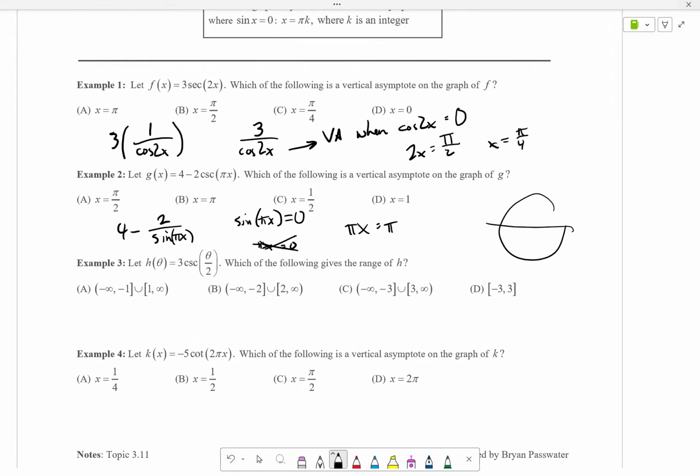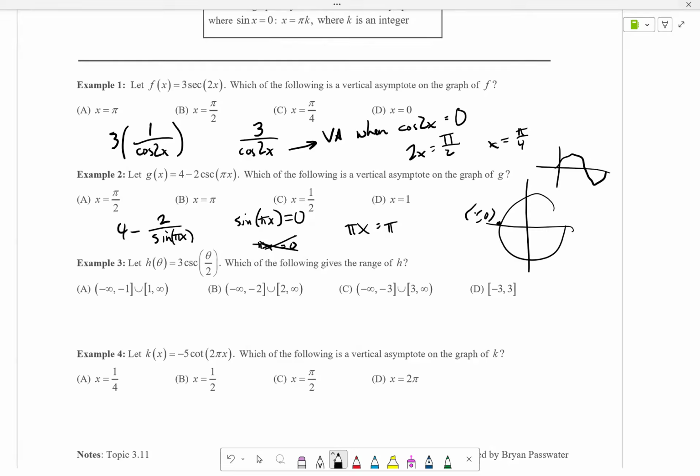Sine of pi is equal to 0. Right here is -1, 0. For the zeros, I really like to think of this: I see the 0, pi and 2 pi much clearer on the graph of sine, which is firmly embedded in my brain. And sometimes the x's and y's get confusing on the unit circle.